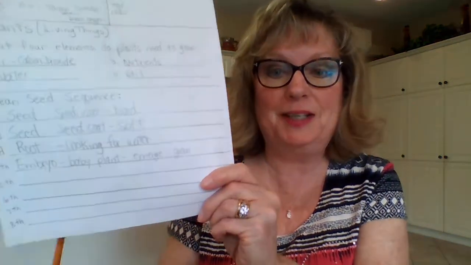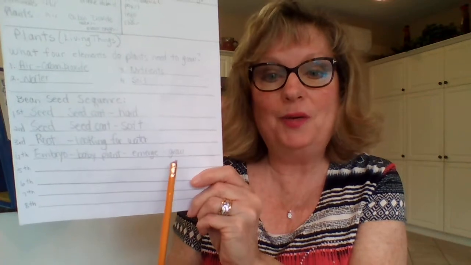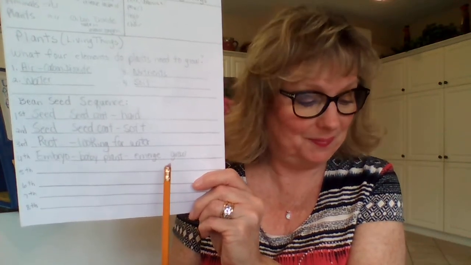Okay, so I'll put embryo, baby plant, and emerge or grow. I'm going to use different words, some people might like to use the word emerge, meaning coming out of it, or it's growing. Okay, so that's the fourth sequence that we have so far.